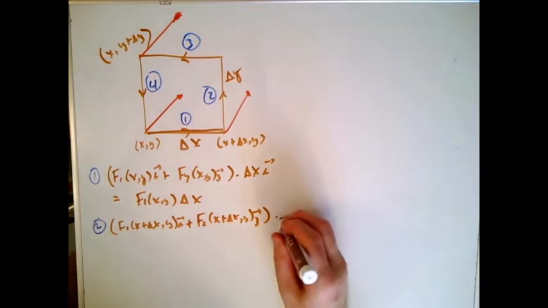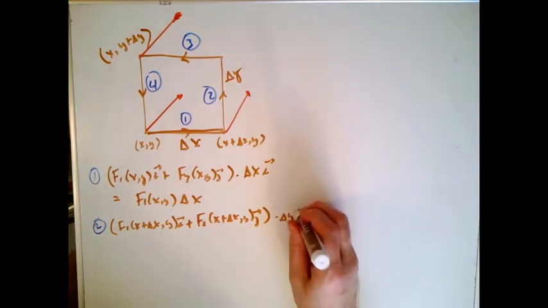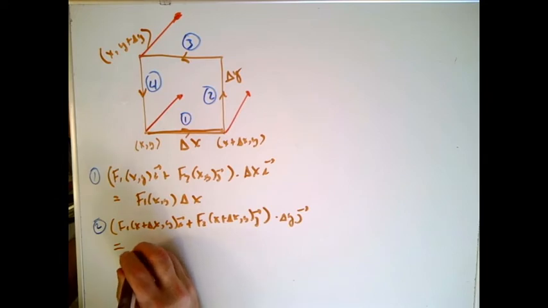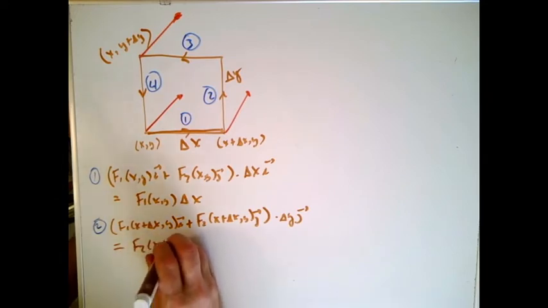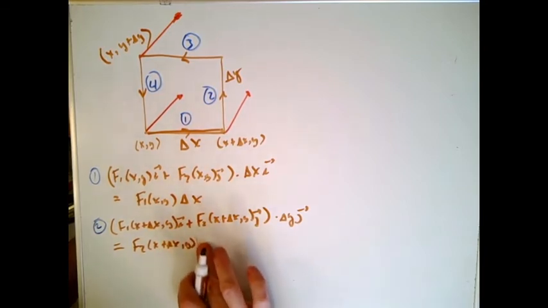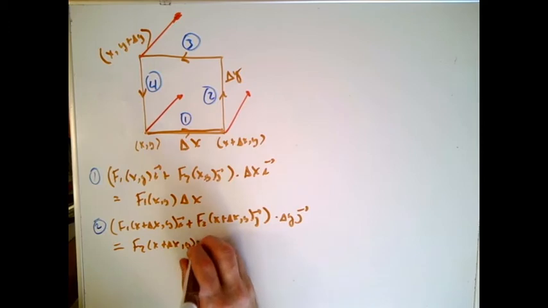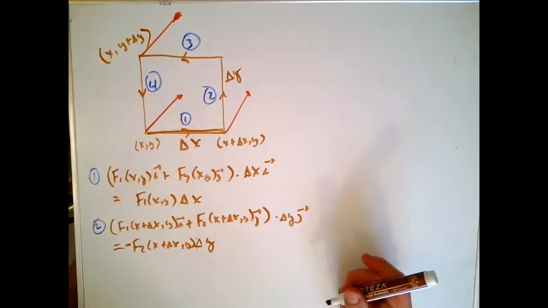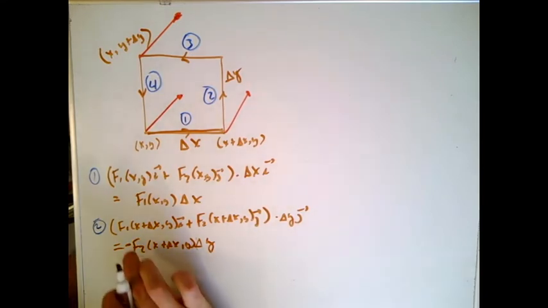Well, that's just going to be delta y j. That's not a surprise. When I dot those two vectors, the i part dotting with the j part is just 0, and all I'm left with is f2 of x plus delta x, y, times delta y. Oops, it's going to be positive. That's not a negative sign.